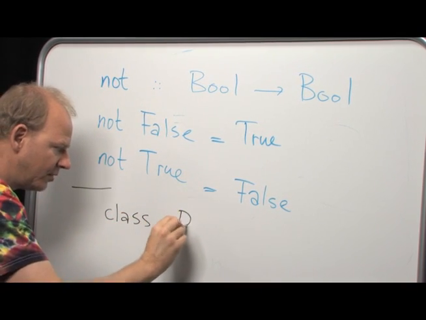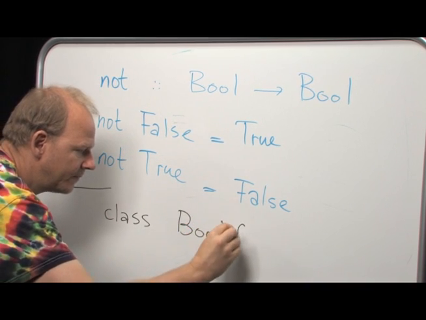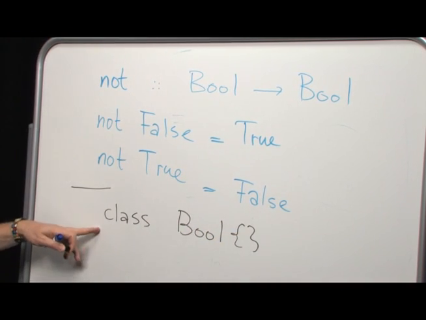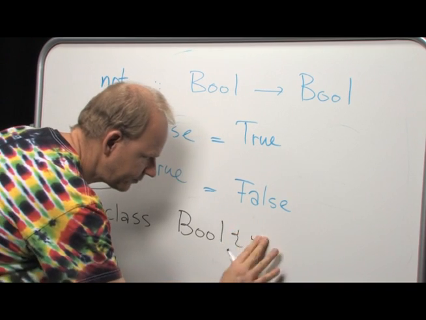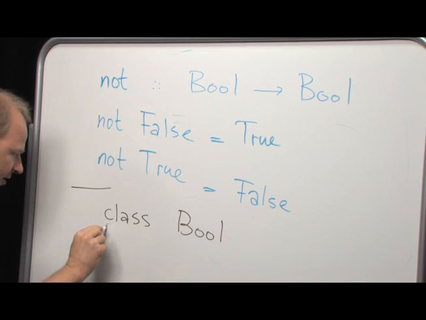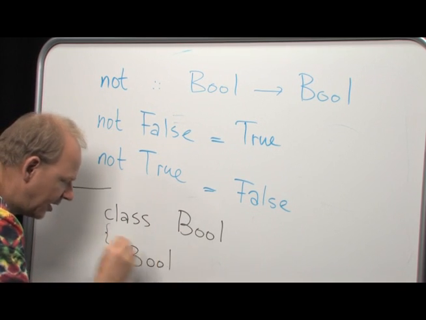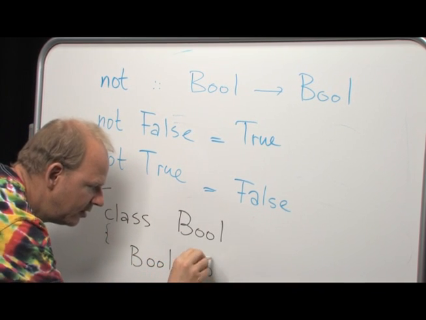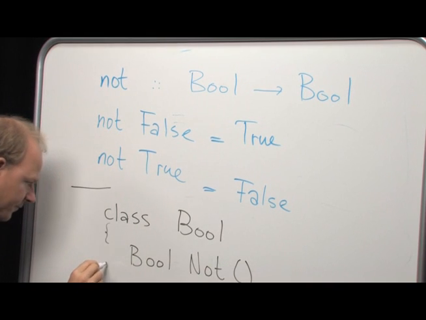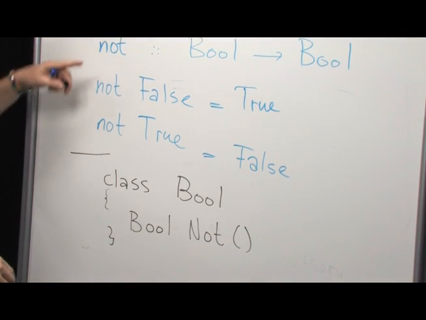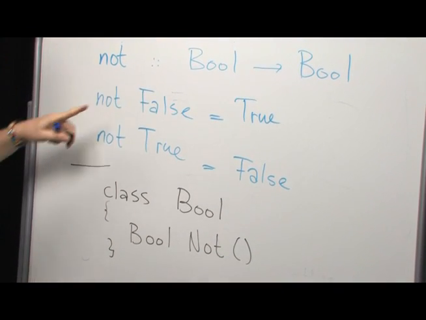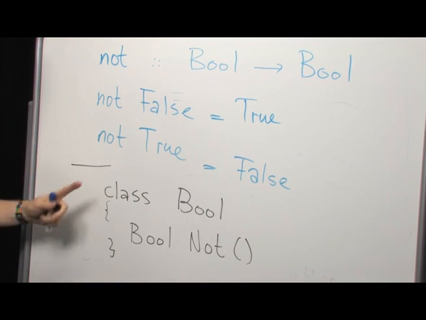I have a class Bool, which is an abstract class, and let's put a method in here, and let's say that's virtual. And then that corresponds to the type Bool, and then for each possible value I will define a subtype.